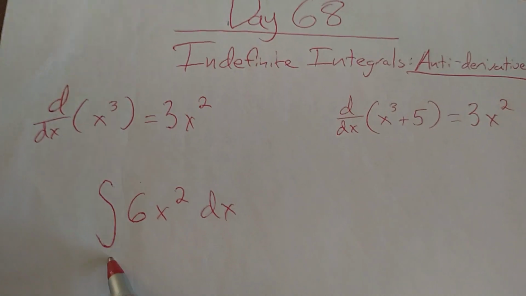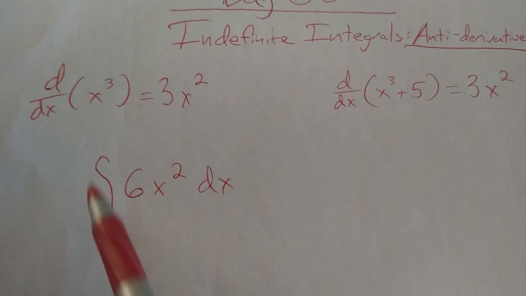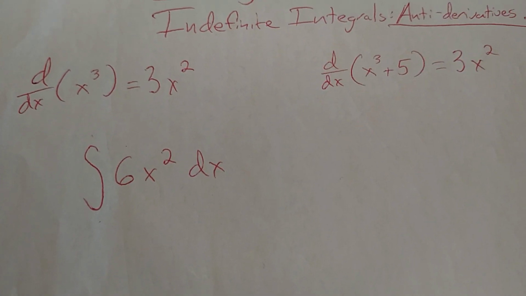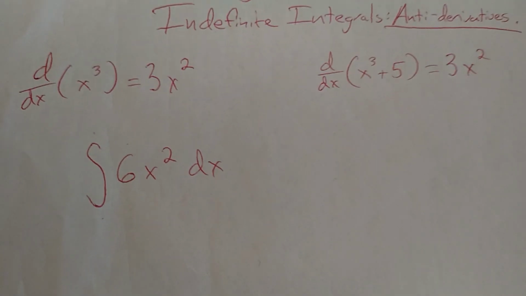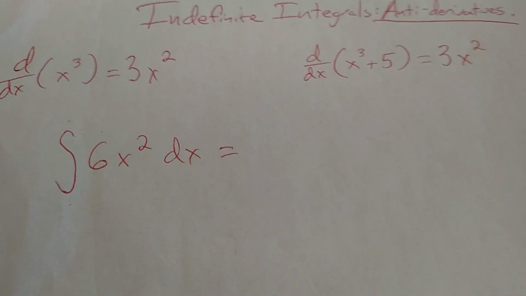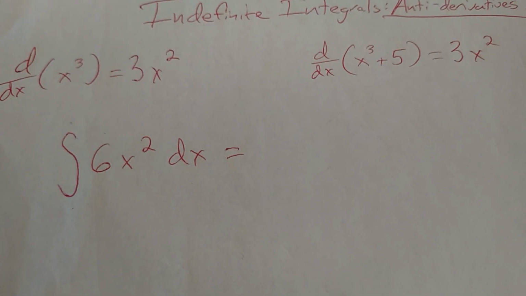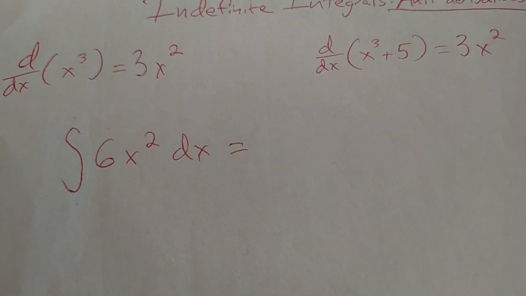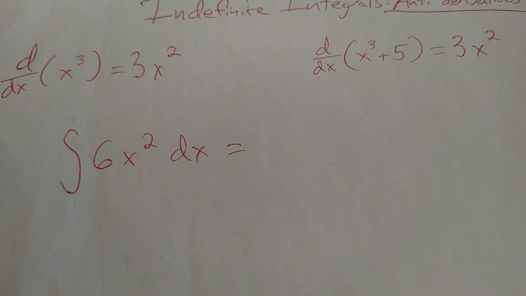We can tell because there are no numbers at the top and bottom of our big S for integration. So what I want us to think about is, what would be the answer to this antiderivative? What function, if I took its derivative, would end up being 6x squared?